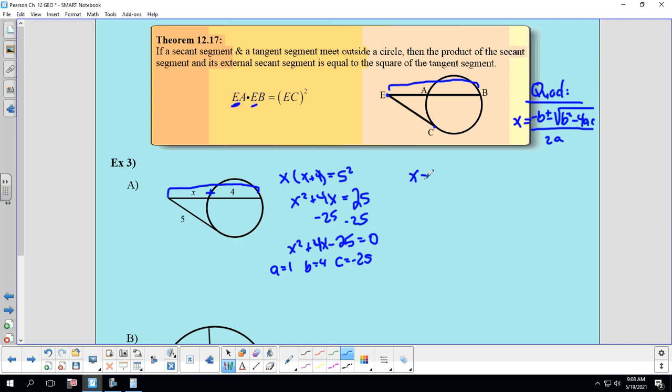Our x value is negative 4 plus or minus the square root of 4 squared minus 4 times 1 times negative 25, divided by 2 times 1. We're going to simplify, simplify, simplify. So we get negative 4 plus or minus the square root of 4 squared, which is 16, and negative 4 times negative 25 is positive 100.